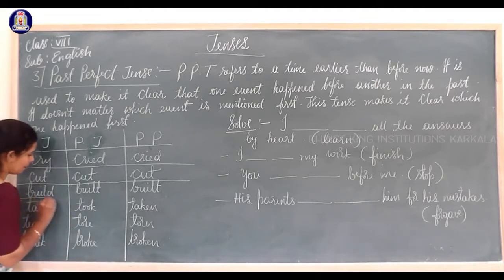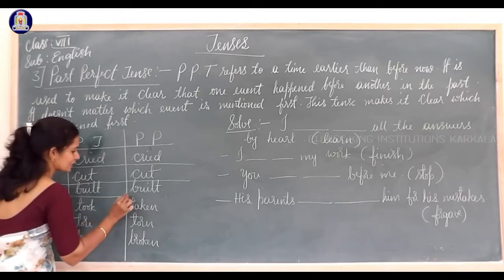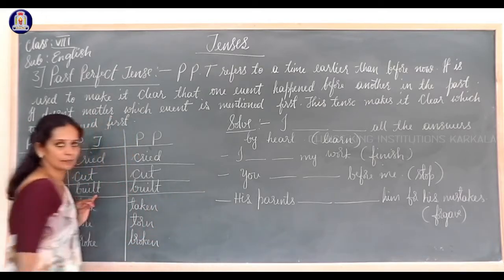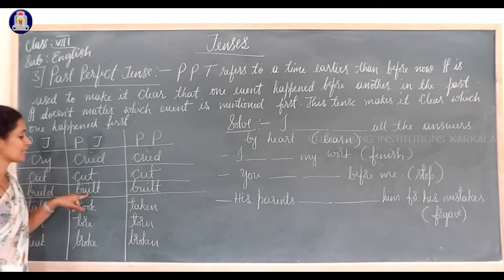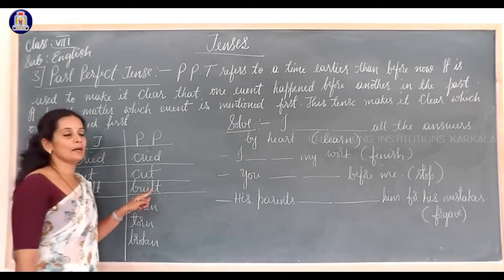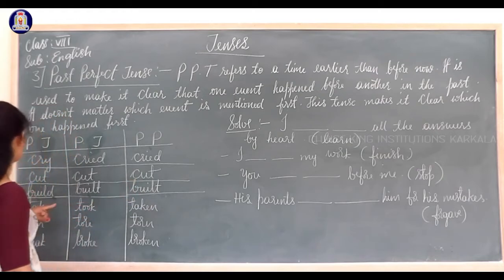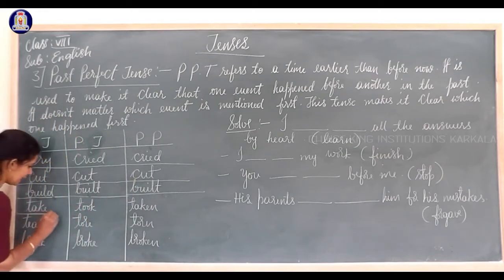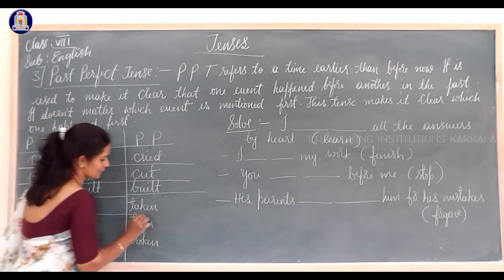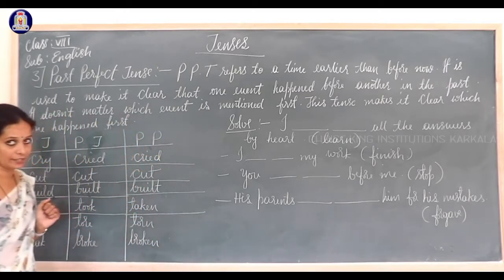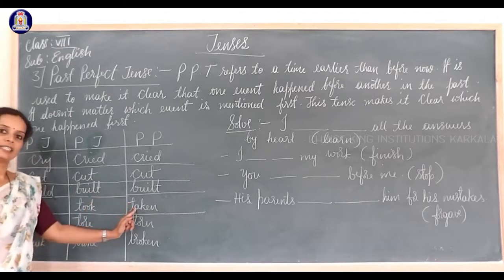Next, build, built, built. So here build is in present tense, past tense is built, and past participle is also built. Now your verb is take. Past tense of it is took and past participle is taken. Take, took, taken.